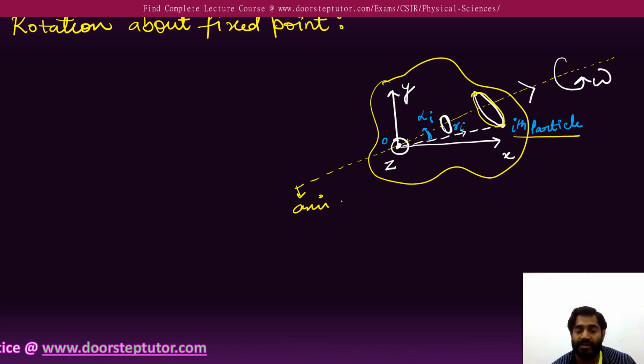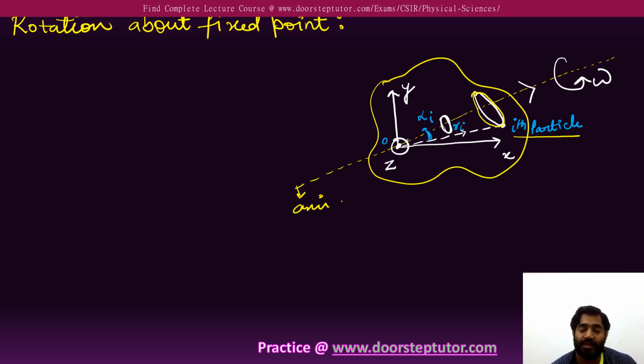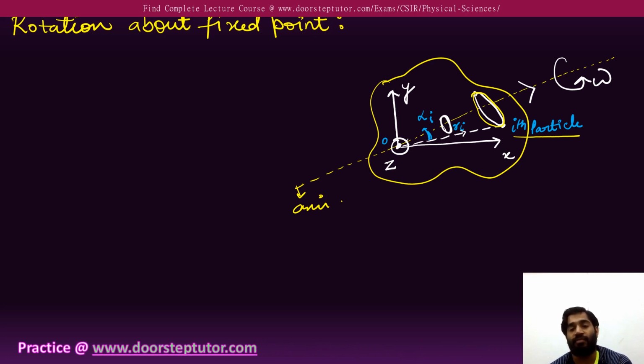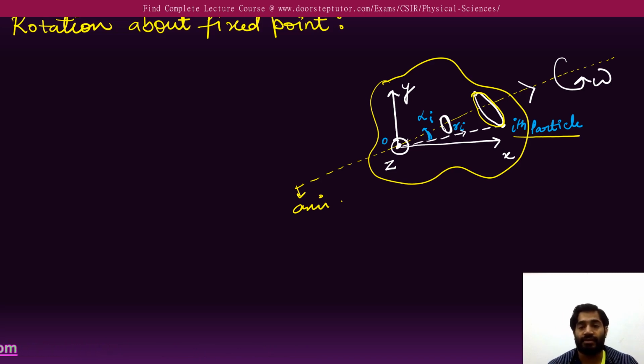This particle makes an angle with the axis, the axis about which the body or system of particles is rotating. That angle is alpha i, and the distance of this particle from the origin of the coordinate system is ri.